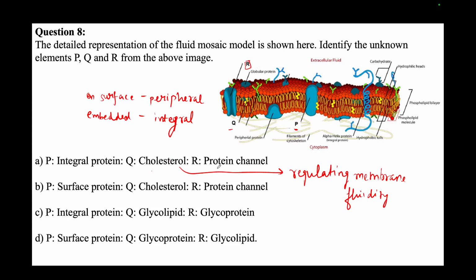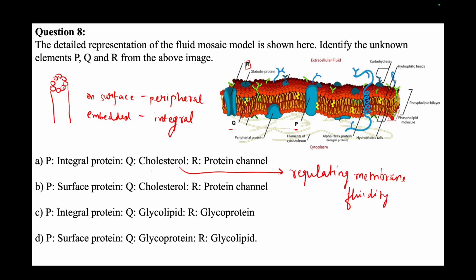Then R is protein channel. So, you see there is a channel formed between this structure. You have the polar amino acids lined inside and the non-polar amino acids towards the outer part. So, you have a bilayer kind of structure.